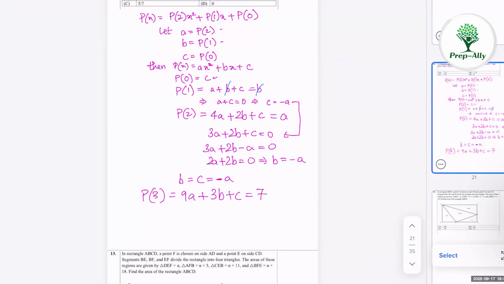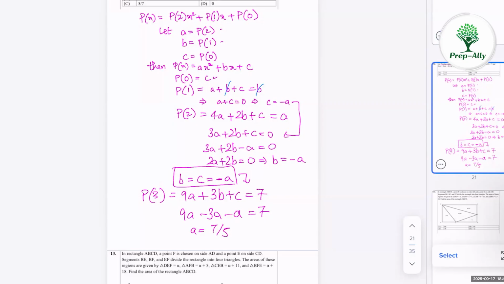And if we substitute b and c in terms of minus a in this equation, we get 9a minus 3a minus a equal to 7. So a equal to 7 by 5.